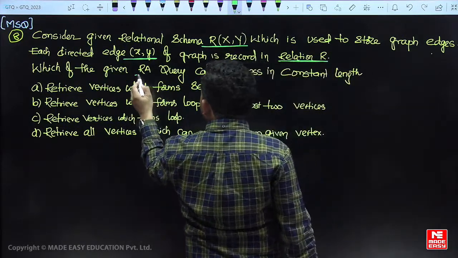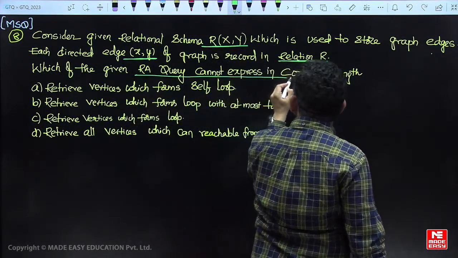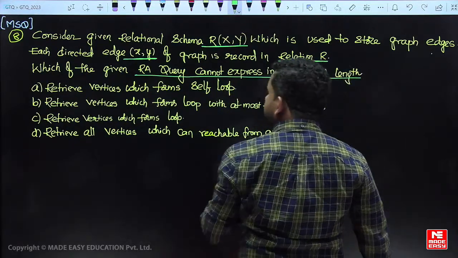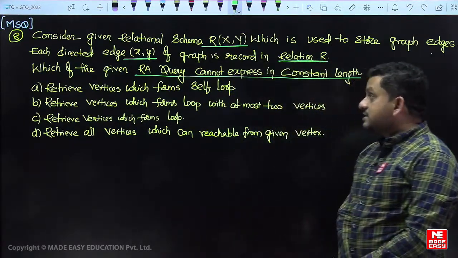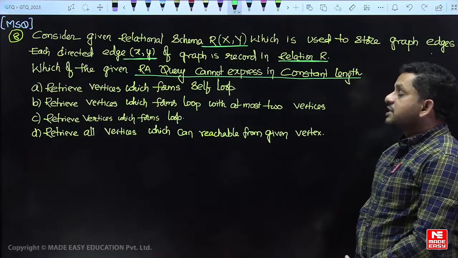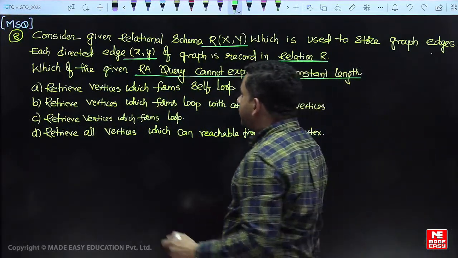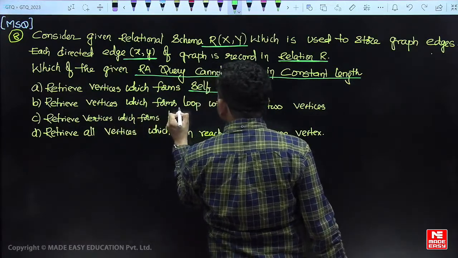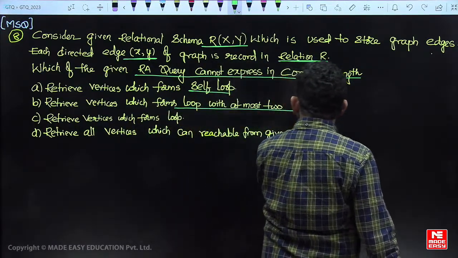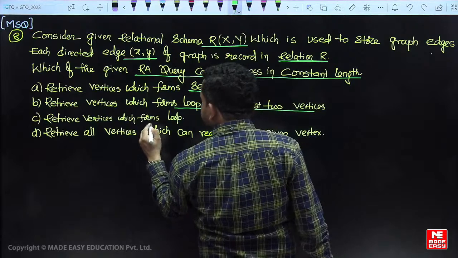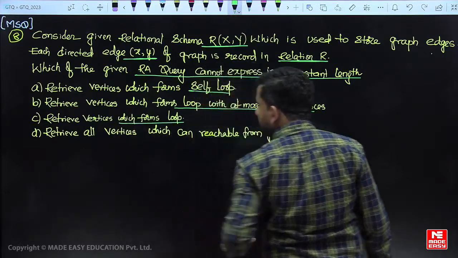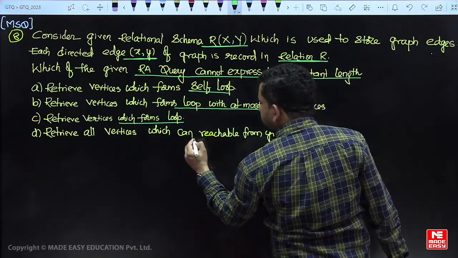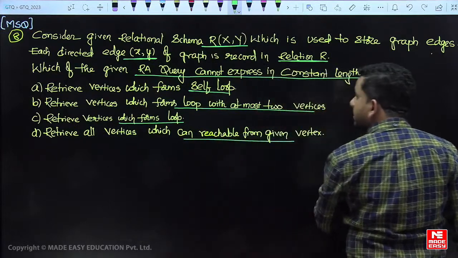Which of the given relational algebra queries cannot be expressed in constant length? So which fails to be expressed using relational algebra? Retrieve vertices which have self loop, retrieve vertices which have loop of at most 2 vertices, retrieve vertices which form a loop, and retrieve vertices which are reachable from the given vertex.